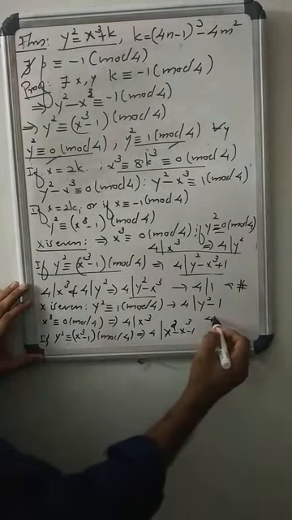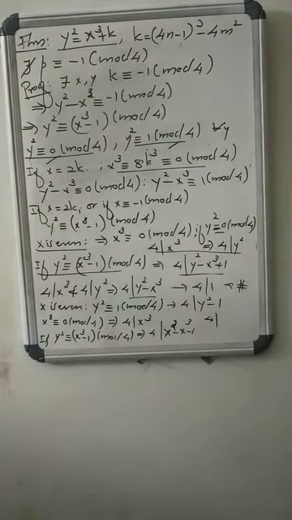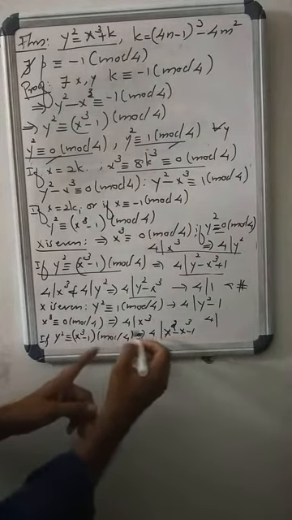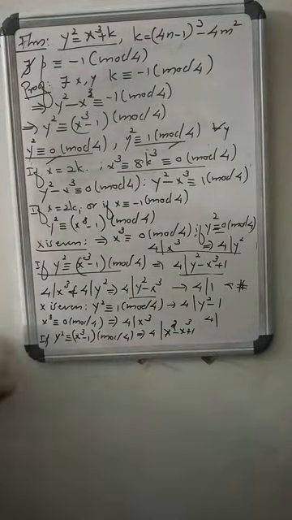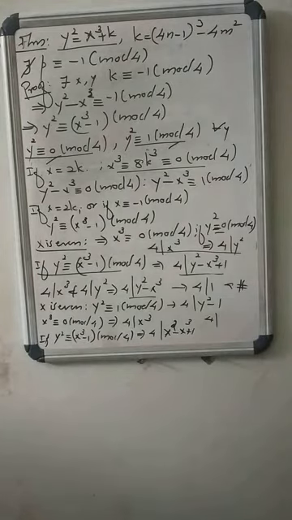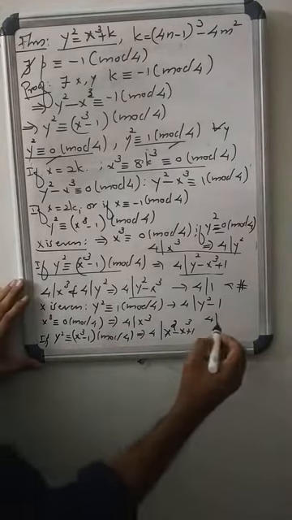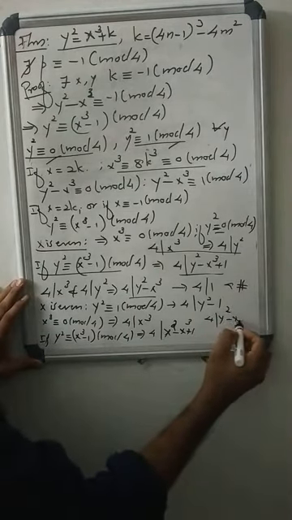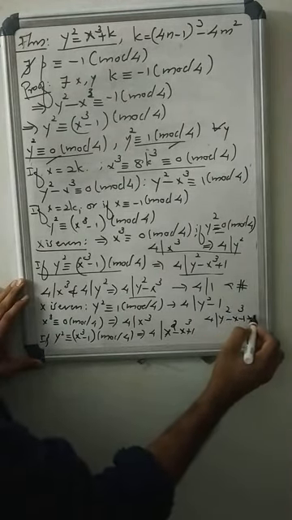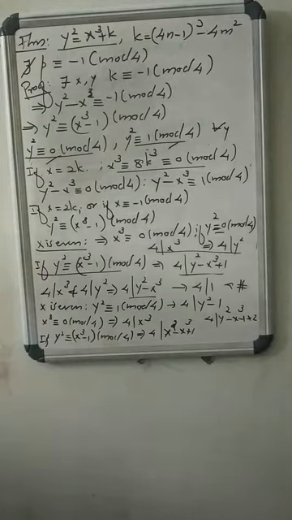So what do I get? 4 divides y square minus x cube plus 1. That means 4 divides y square minus x cube minus 1 plus 2.